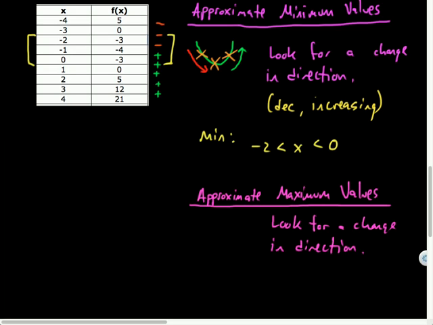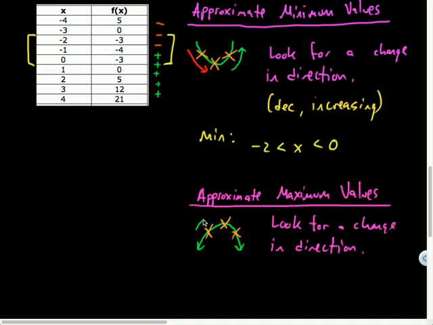In this case, if I have my graph, maximums occur at peaks. So I'm going to have to compare 3 points in order to verify this. Because to determine the direction, I have to look at 2 points to see if it's increasing or decreasing, and then those 2 points to see if it changed its behavior.